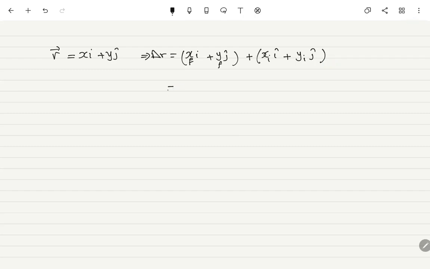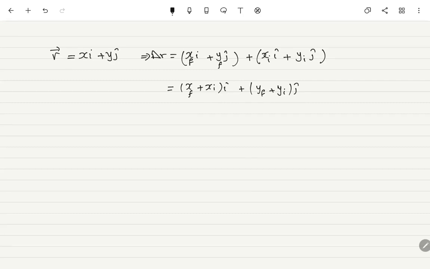Let's rearrange the outcome. It's equal to x final minus x initial in the i hat direction, plus y final minus y initial in the j hat direction.